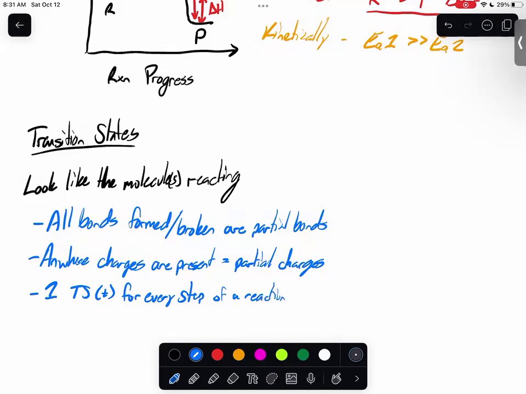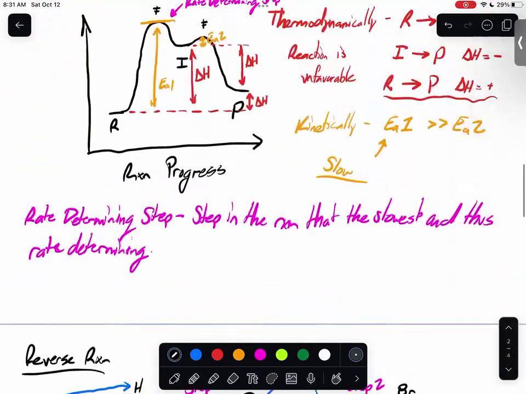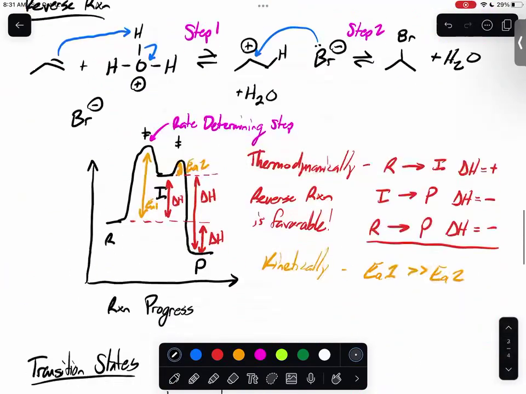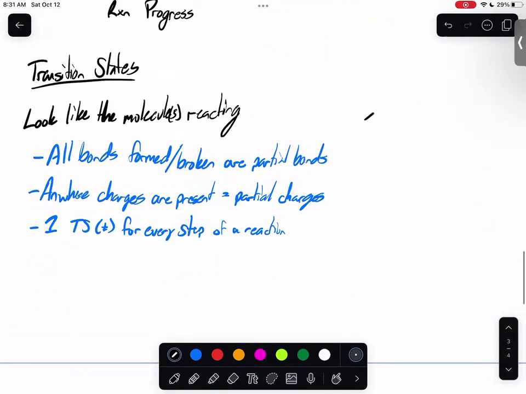All right. So let's say we were focusing on back to this original forward reaction here. Let's say we were focused on that first step and we were looking at the transition state of it, right? Essentially, that step was taking our alkyl bromide, dissociating it, and you end up with the bromide and the missing octet on the carbon with the positive charge.